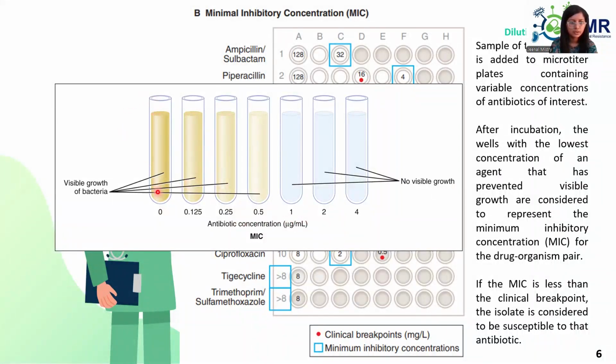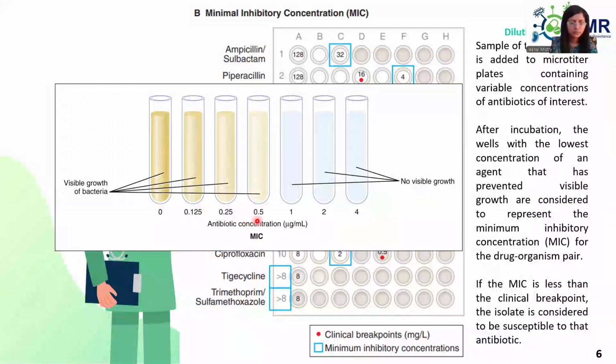In the test tubes there is visible bacterial growth, and after that there is no visible growth. So the minimum inhibitory concentration is 1 microgram per ml of that particular agent, and after that no bacteria grow. So this is how the antimicrobial agent can affect or kill the microorganism.